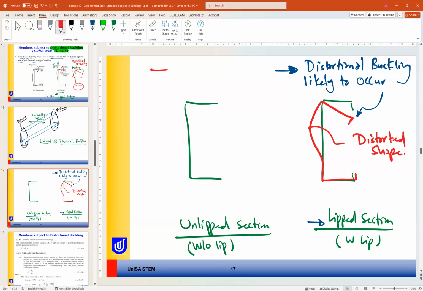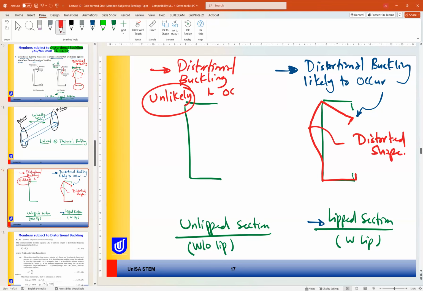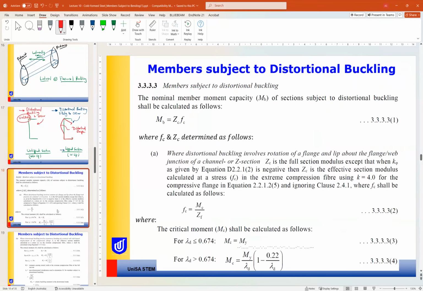Okay, for this one, distortional buckling is not likely to happen, or unlikely to occur. Okay, so this is the shape of the distortional buckling. Now, what is the formula to design a section subjected to distortional buckling?